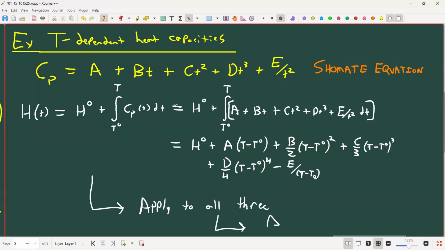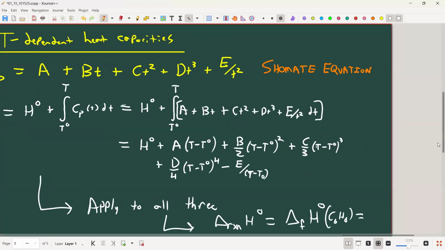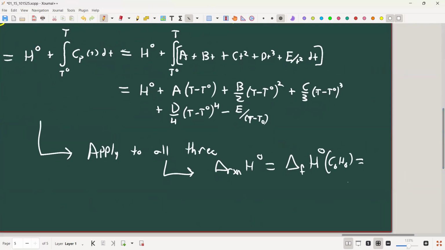we find that the enthalpy of reaction, which is the enthalpy of formation of benzene at 298, we get a value from these calculations, I just did it earlier, of 81.86 kilojoules per mole.